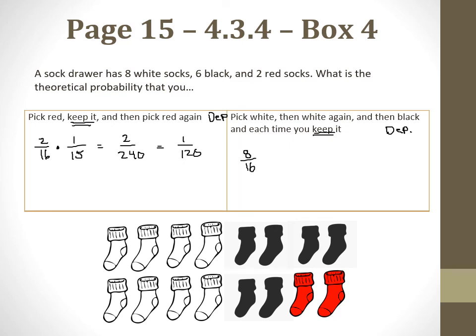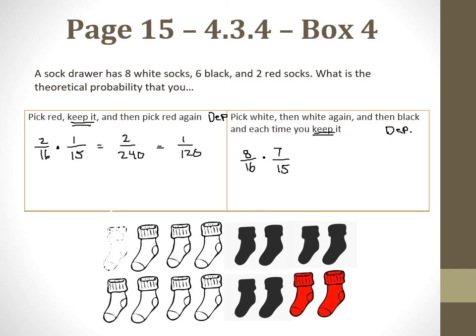If we pick white and keep it, that means that this white sock here is no longer an option. It is gone. It is on your foot. So the probability of picking another white sock, well, now there are only 7 whites to choose from and only 15 socks in the drawer. So it's 7 out of 15 that you pick another white.